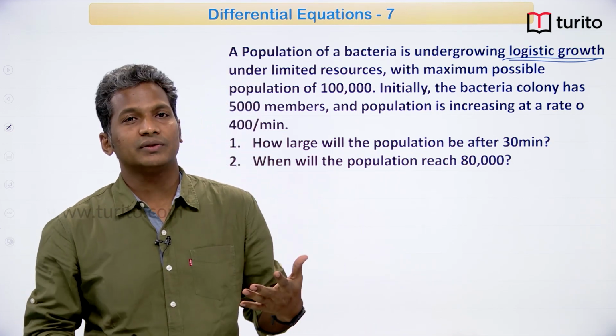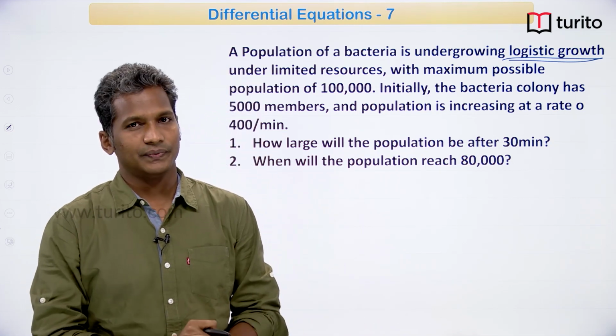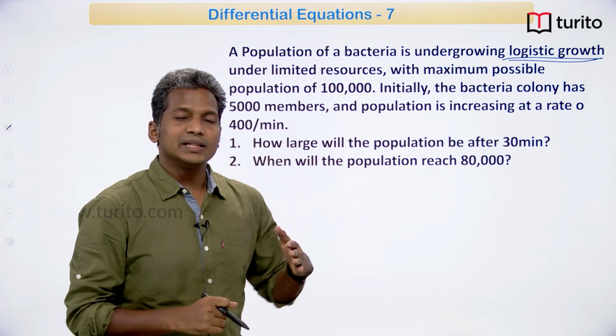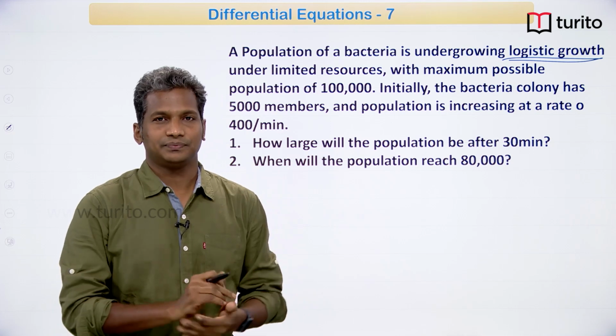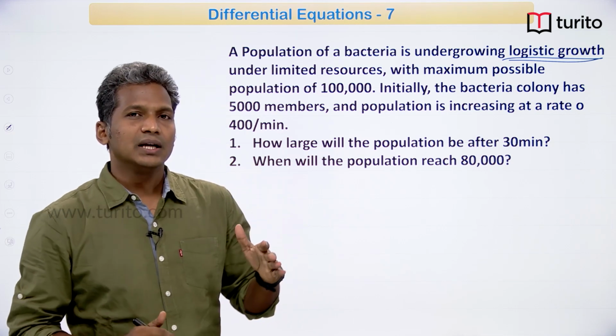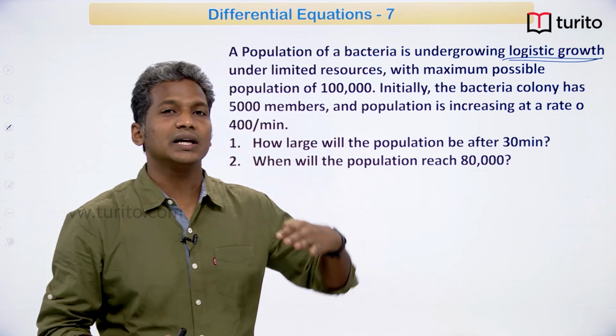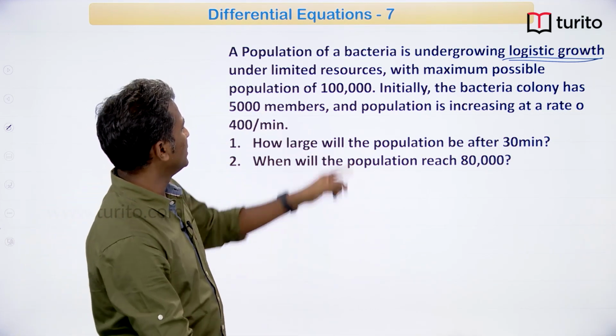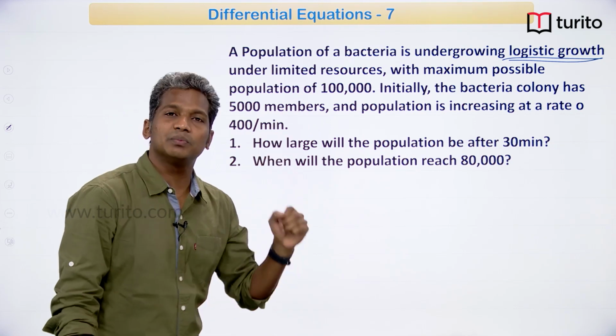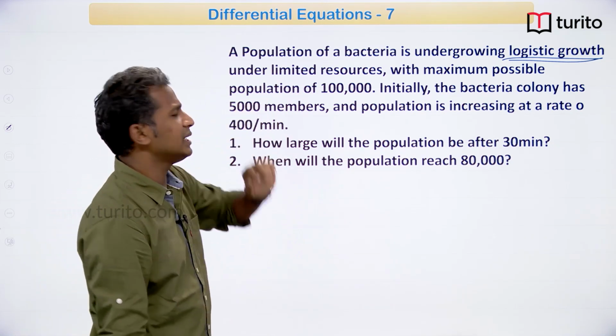So, there is an upper limitation because resources are limited. If resources are limited, then there is an upper cap on the total population that is possible. In the next phrase it is given that the maximum possible population is only 100,000.